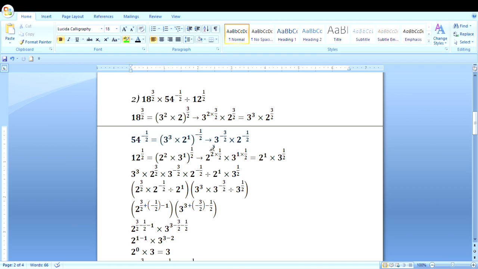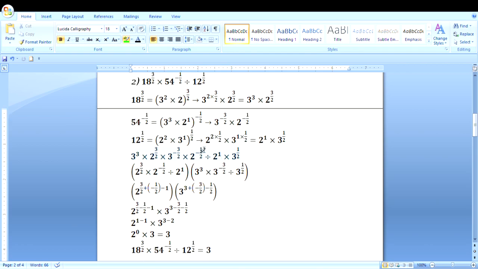This can be expressed by using the power outside to multiply the powers inside. So this becomes 3 raised to power minus 3 over 2, because minus half times 3 is minus 3 over 2. Similarly, minus half times the power 1 becomes 2 raised to power minus 1 over 2. So the power outside only multiplies the power inside.